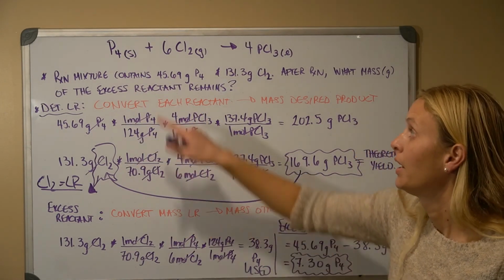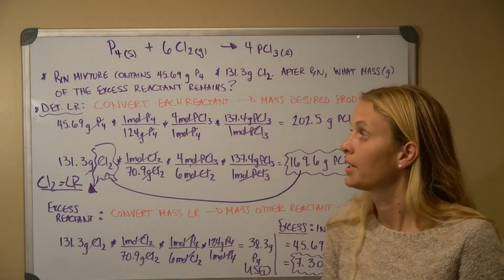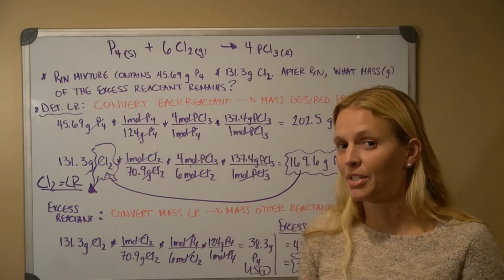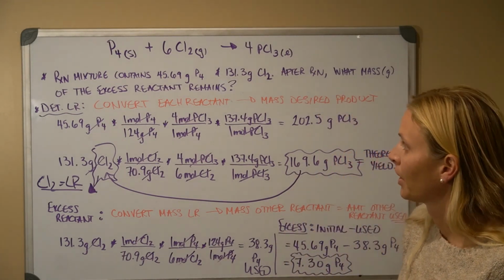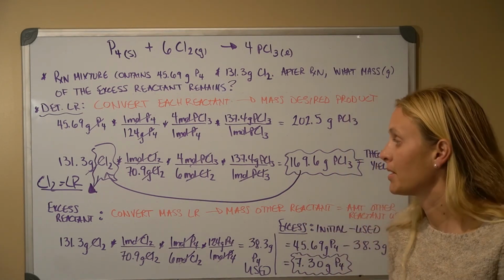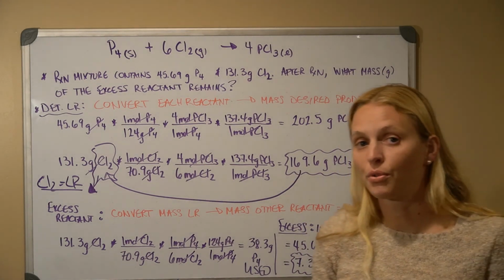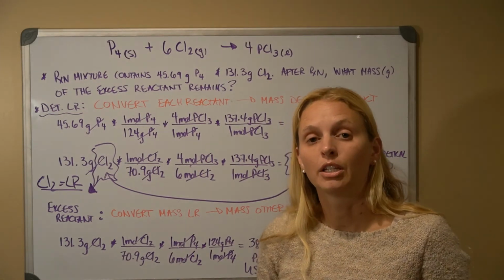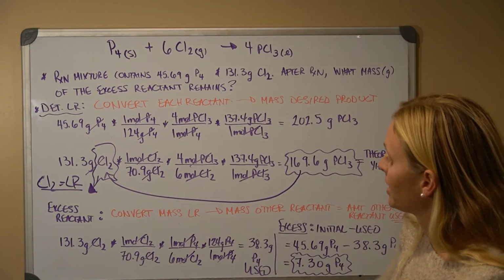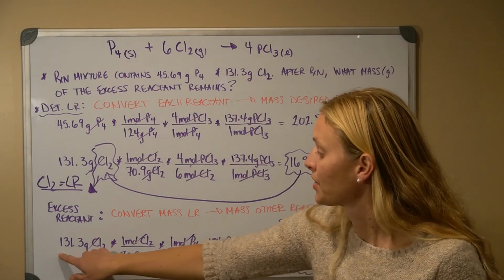Now I need to figure out the excess of P4, because P4 is in excess. So Cl2, how much is left of that? 0. The limiting reactant is completely used up. I want to know how much of the P4 is left over. Remember, the next step is that all calculations start with the limiting reactant information, which is the starting amount of Cl2 that I have.